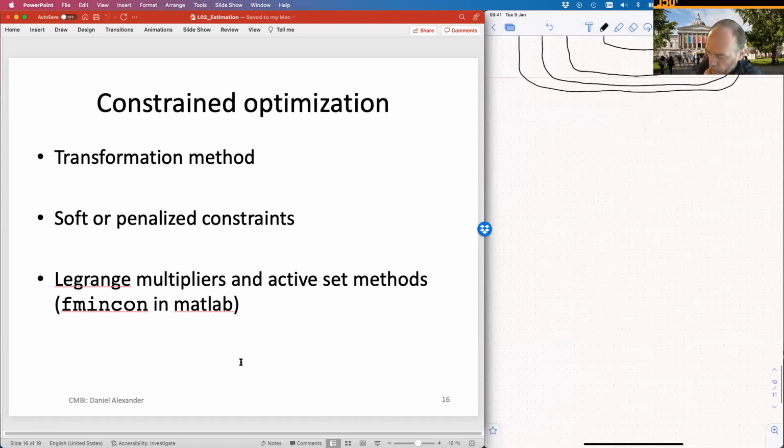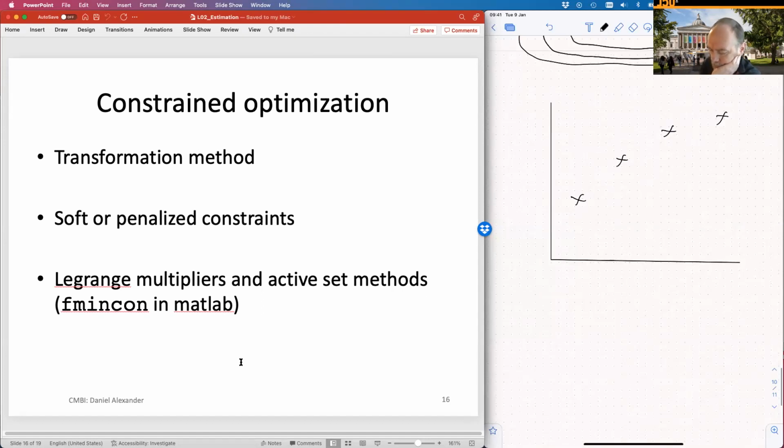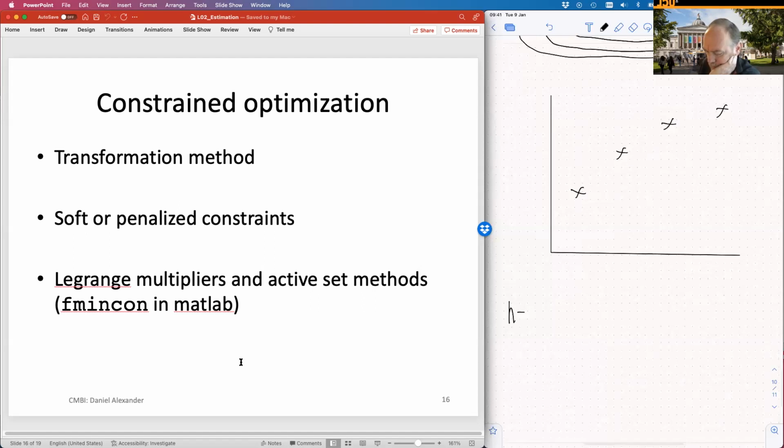Let me draw our 4 points again. There they are. And let's think about the nonlinear model that we used, the last one that we looked at, this one. I'm just going to move it down a bit, as I need some space for this example.